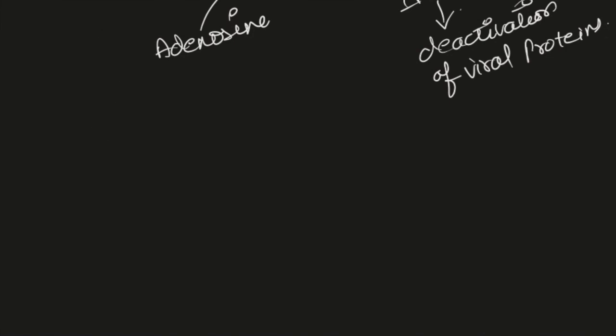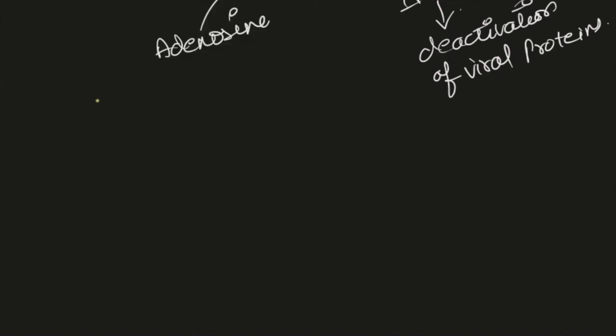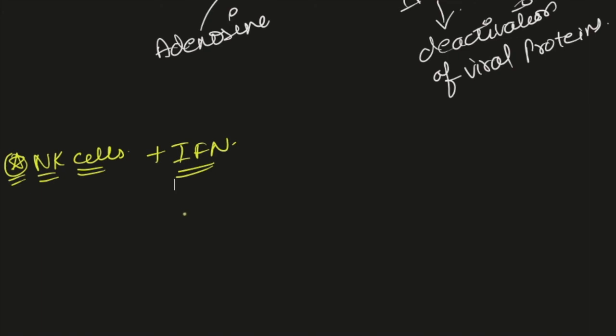Now if we talk about the other defense mechanisms, the other defense mechanism apart from interferon involves natural killer cells. These natural killer cells also combine with the interferons, and whenever they combine, it can lead to a different type of activity.